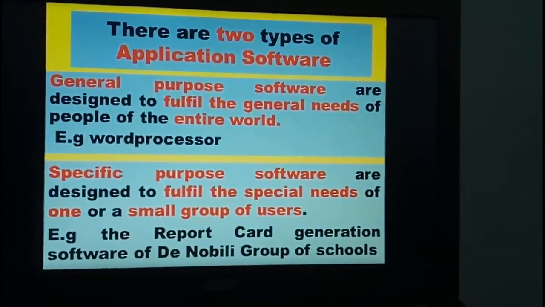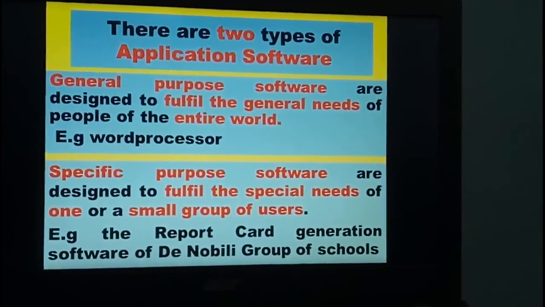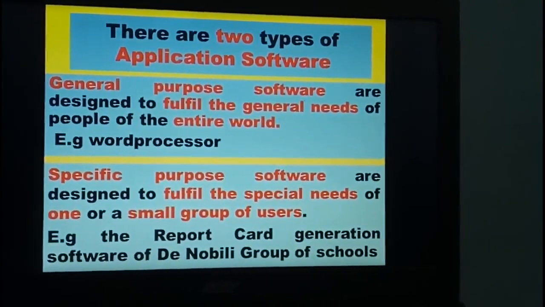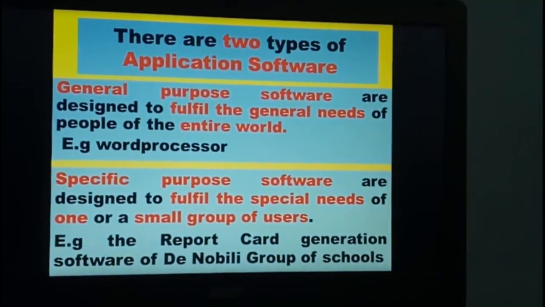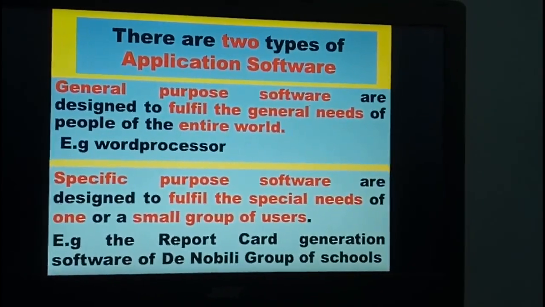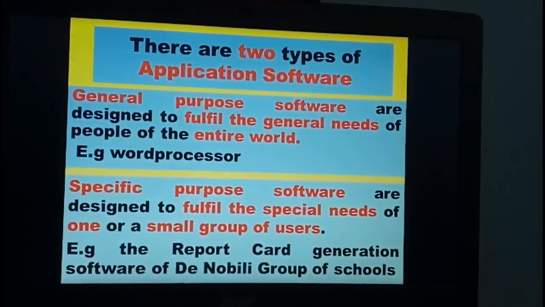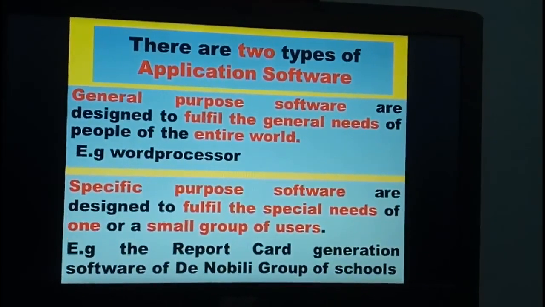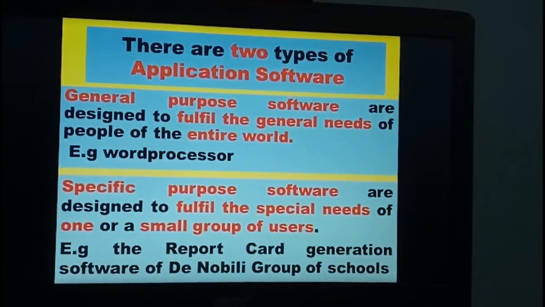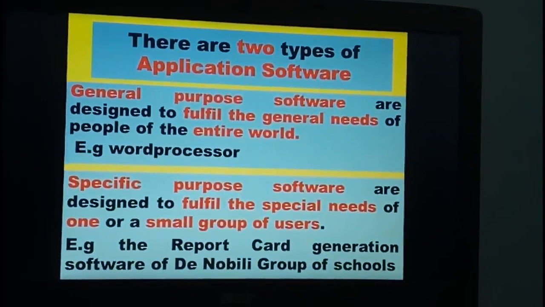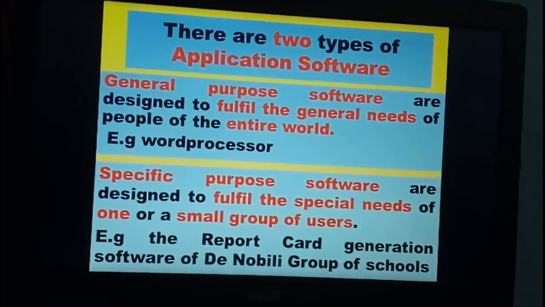So our report card generation software would be of no use for other schools. In a similar way, report card generation software of other schools will be of no use to us. So specific purpose software are designed to fulfill the needs of one user or a very small group of users.